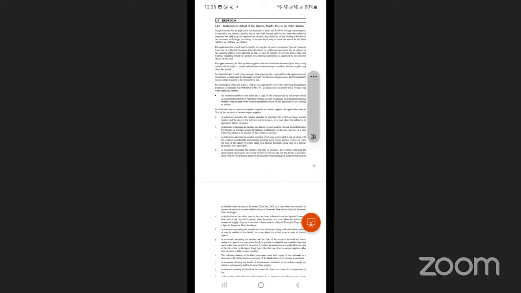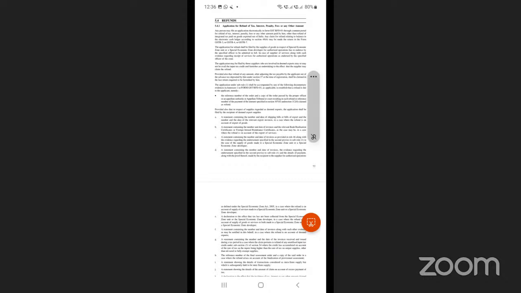So whichever it may be, the amount is supposed to be credited to the electronic cash ledger.